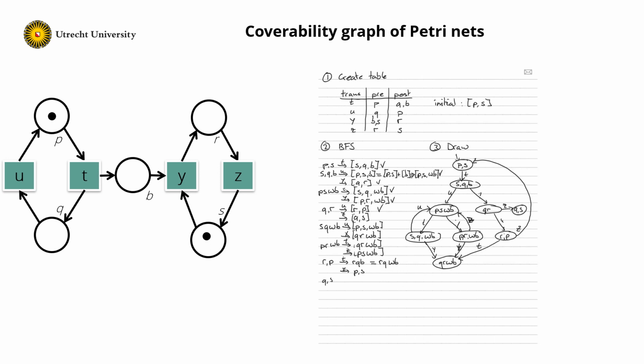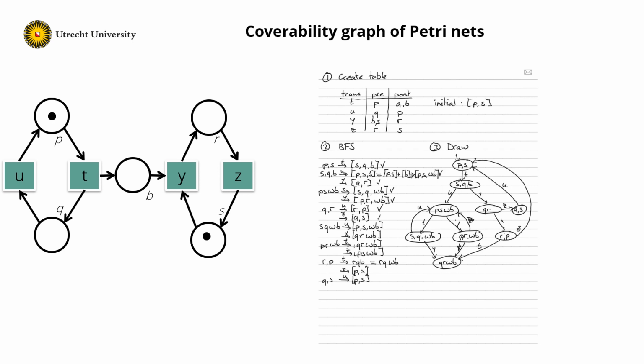In QS, there's only one transition enabled, namely transition U. And firing it leads to the state PS. So that's this one with a U.